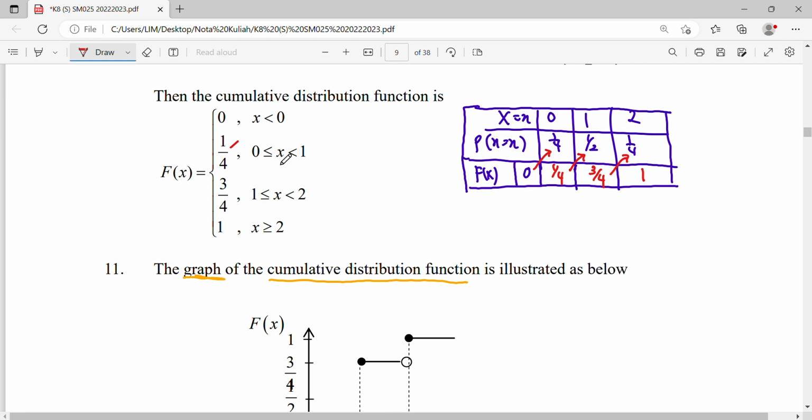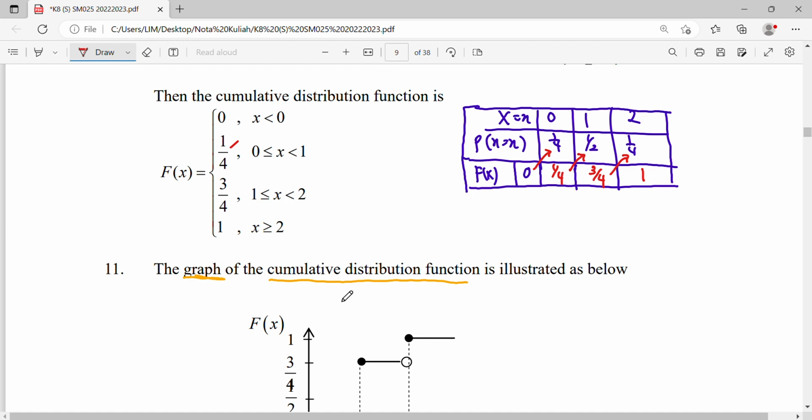So x is greater than or equal to 0, less than 1. For probability 3/4, the random variable is x equals to 1. So it will be greater or equal to 1, then smaller than 2 because you haven't reached 2. Lastly, probability is 1 for x equal or greater than 2.